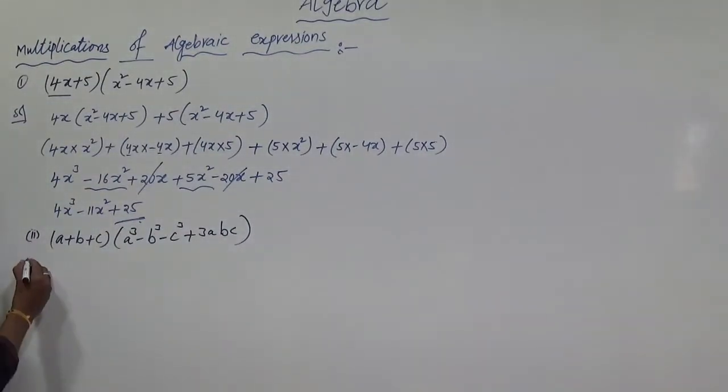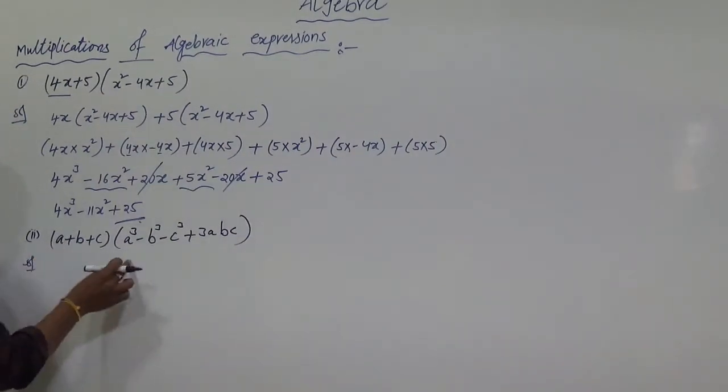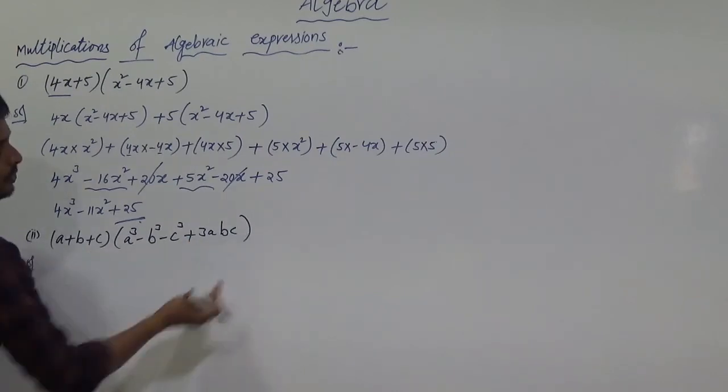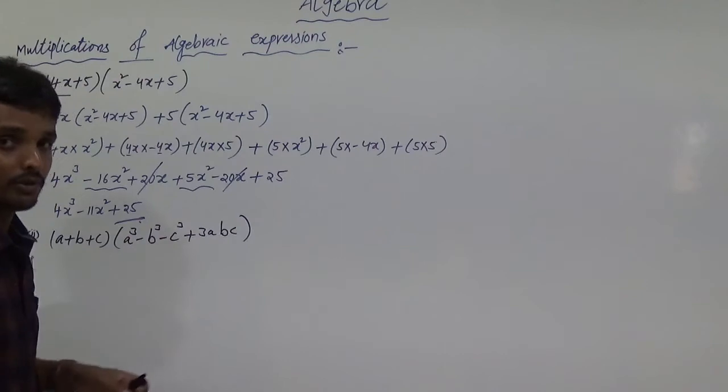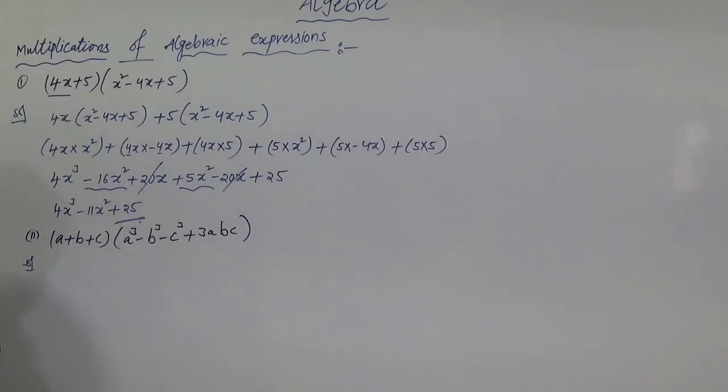So now we are doing a into whole, b into whole, c into whole. Again multiplication, we get a bigger problem, so we can do it directly.